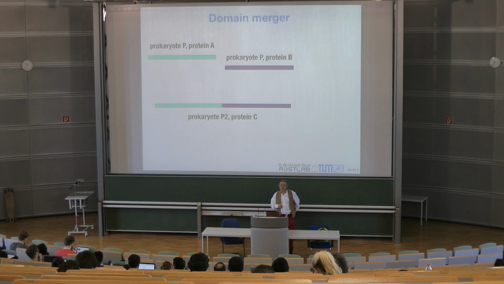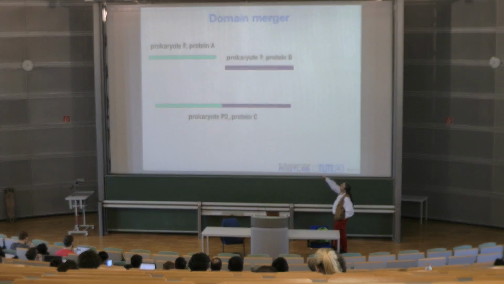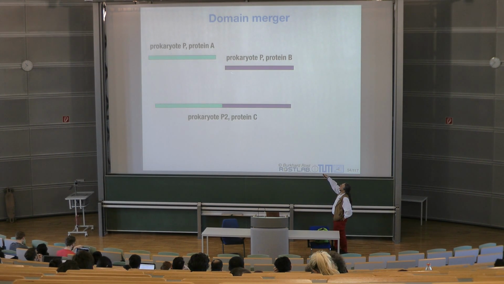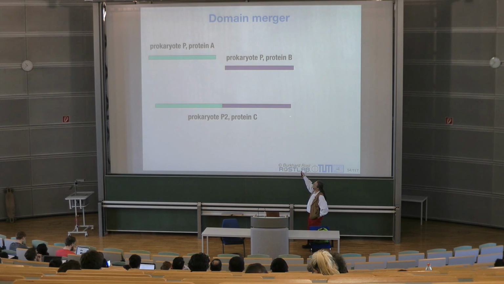Okay, let's get back to the evolution, to this issue about how proteins evolve. There are situations where you have one particular organism and a protein that is indicated by this bar here, protein A. And you may have a protein B, purple here. Now you may have another organism in which you have one protein C that merges these two.